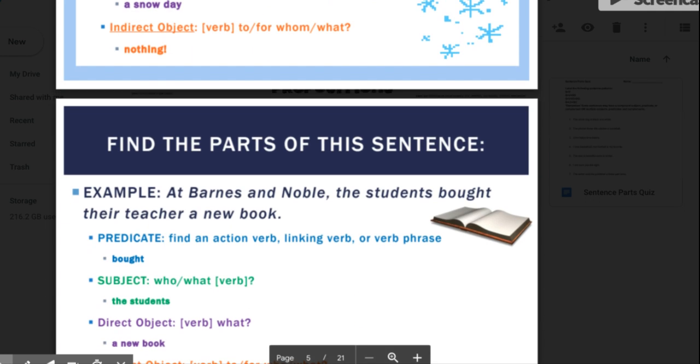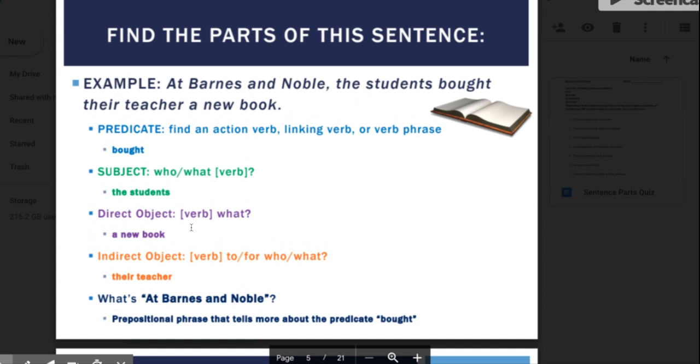All right, one more example. At Barnes & Noble, the students bought their teacher a new book. Find the verb first. What happened? What's the action? Bought. That's the action. They did something. They bought something. That's my verb. Who bought? Students. They did the buying. That's the subject.